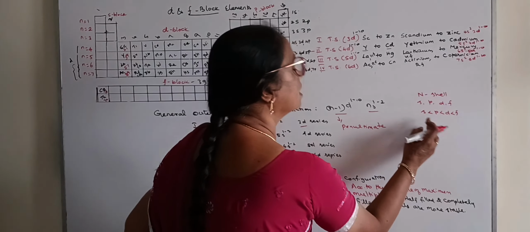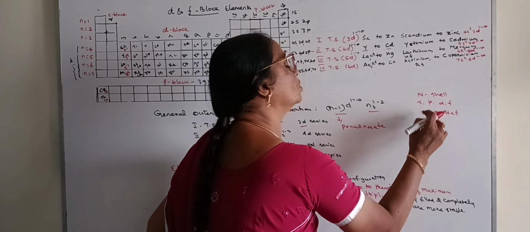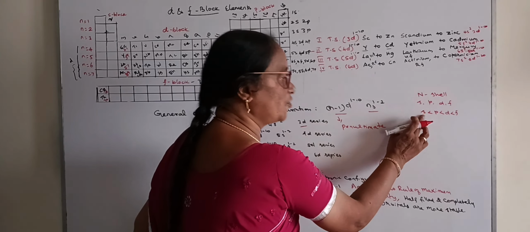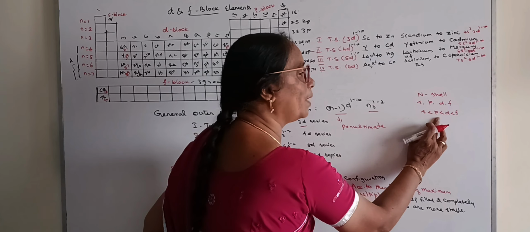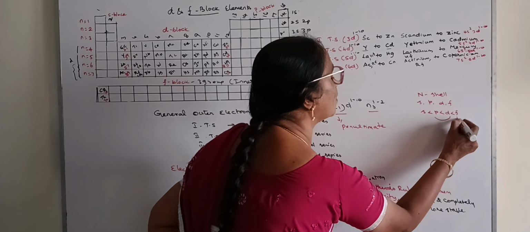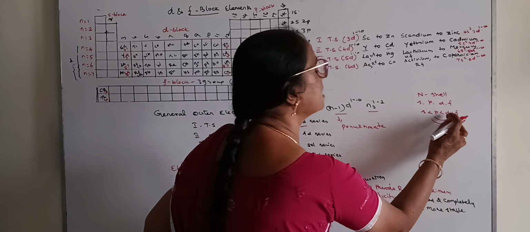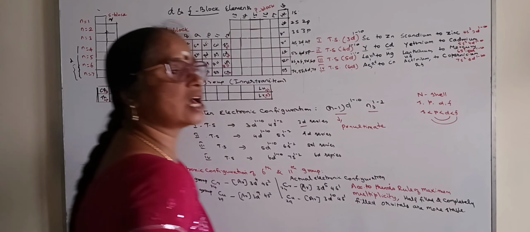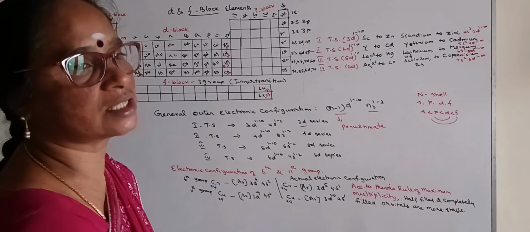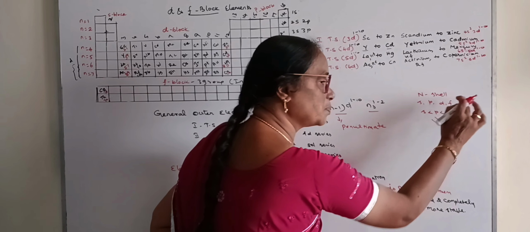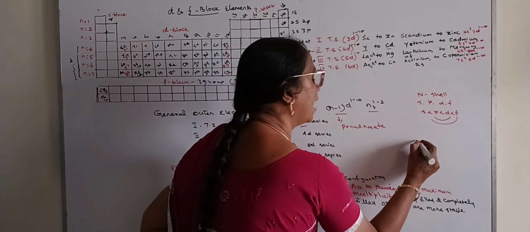So the electron enters in increasing order of energies. First the s orbital is filled, followed by the p orbital, and in between these the d and f orbitals enter, because the energies of the d and f orbitals are lower than those of the 4s or 5s or 6s or 7s orbital.